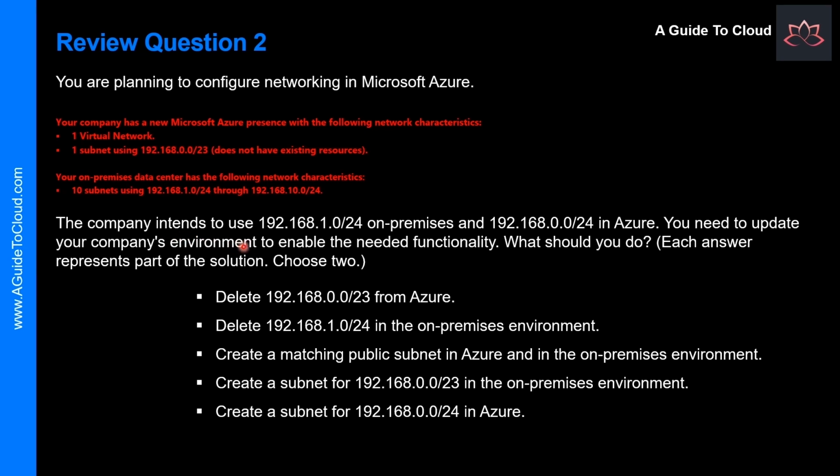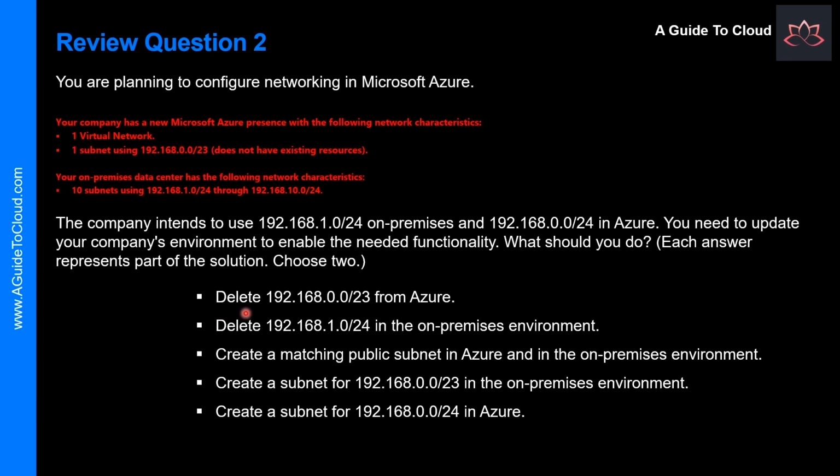So the company intended to use 192.168.1.0 on-premises and 192.168.0.0/24 in Azure. You need to update the company environment to enable the needed functionality. What should you do? And we have to pick two answers to complete the solution.